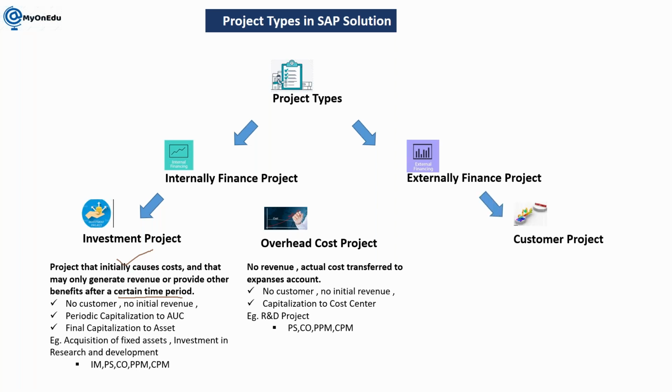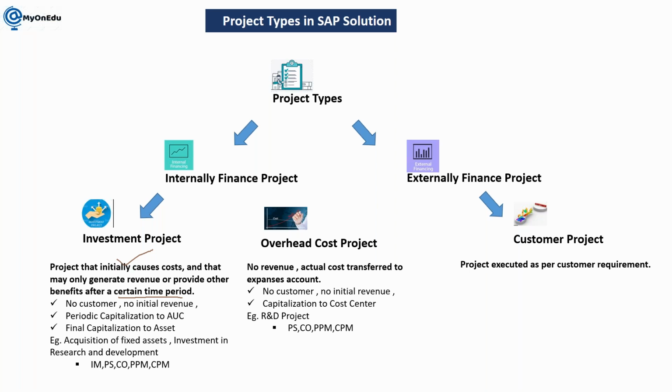The next is the externally financed project. Here, we are doing the project for our customer, so it is on demand. For example, when ABB asks Wipro to implement SAP, Wipro arranges for that implementation. They already know that this much revenue they are going to get.